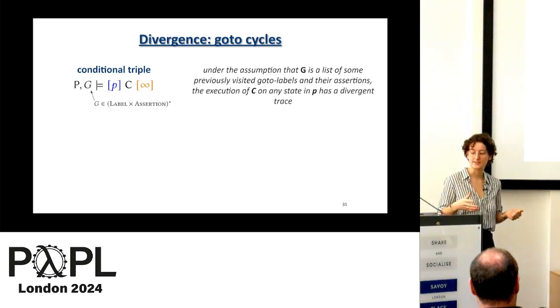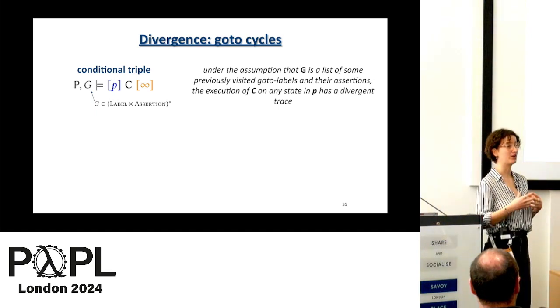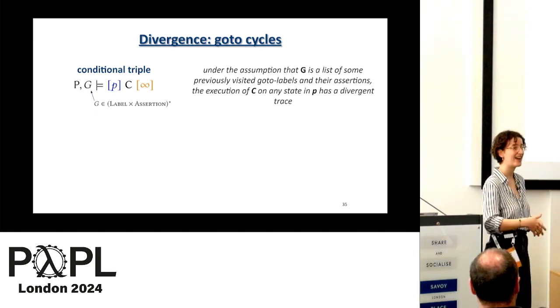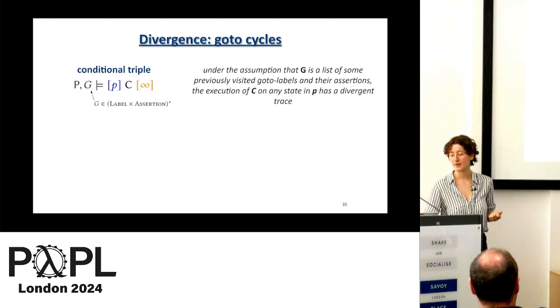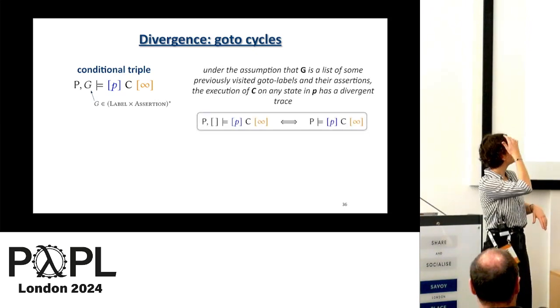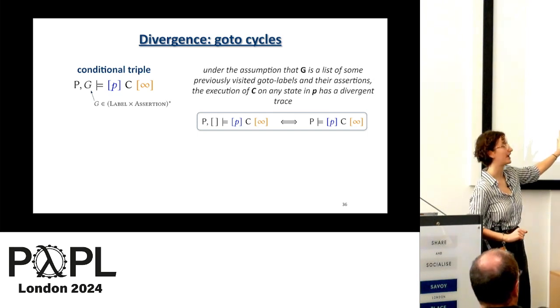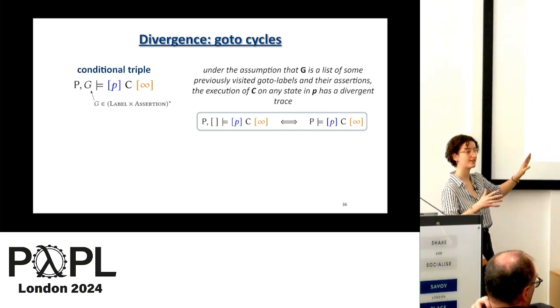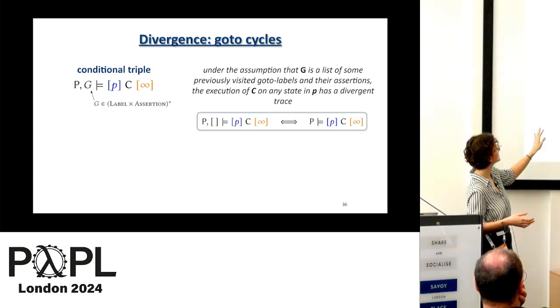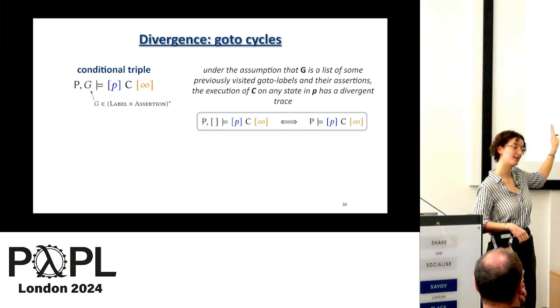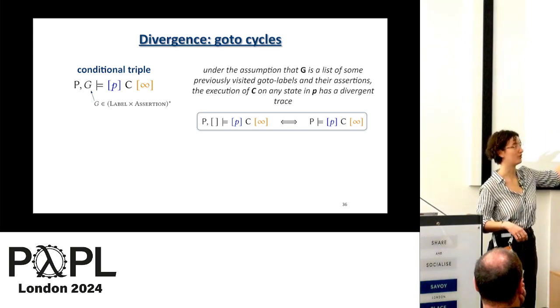But of course we would like to connect this to our normal triples, because if you just add on parameters and parameters, it can get very messy very fast. But the way we do that is quite simple, because if you choose G to be an empty list, you say the assumption is that everything in the empty list we've seen before, which holds vacuously true. So the conditional triple parameterized on the empty list is actually equivalent to our normal divergence triple.